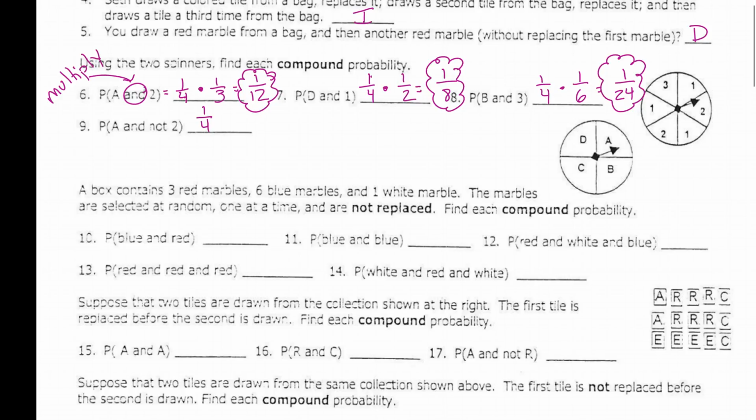Everything but 2's, right? So it's what? 4 out of 6 or 2/3, which is 2 out of 12, which simplifies to beautiful. Any questions on these compound probabilities?